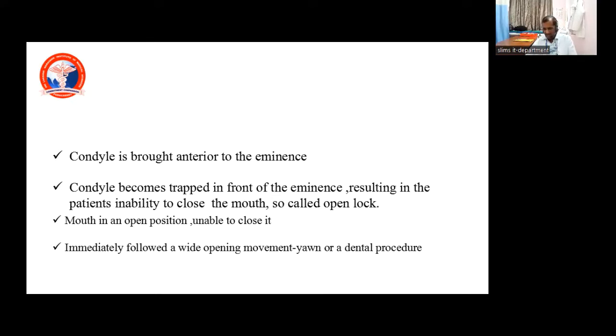That means the head of the condyle can't be taken backwards, ending up with an open lock jaw. The patient will be in a mouth open condition, unable to close his mouth. That is called a lock jaw, or it is called an open lock.